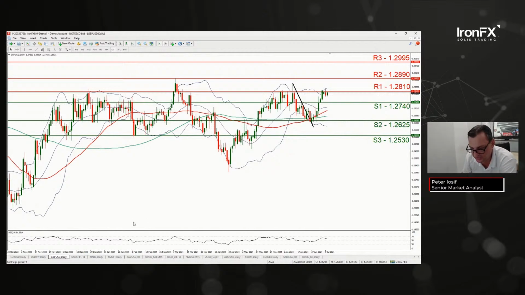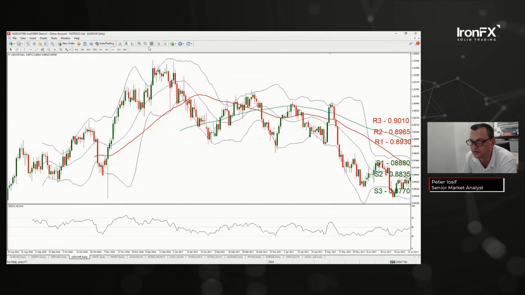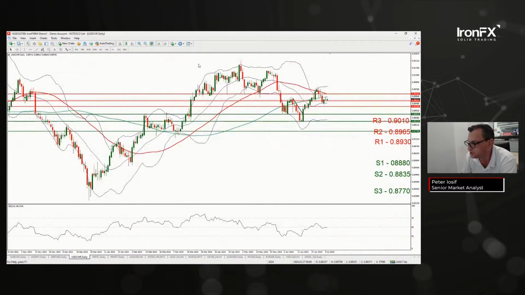Let's have a look at USD CHF. This is the 4-hour chart drilling to the daily chart, readjusting it. Definitely we could widen the resistance support lines.